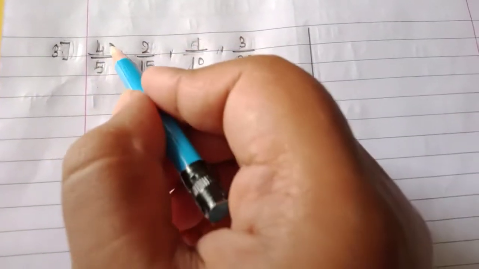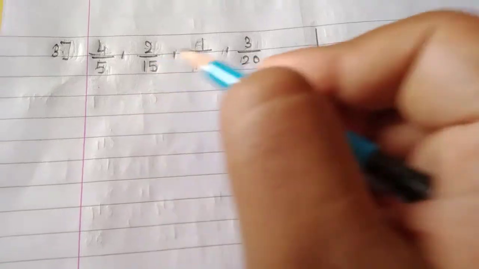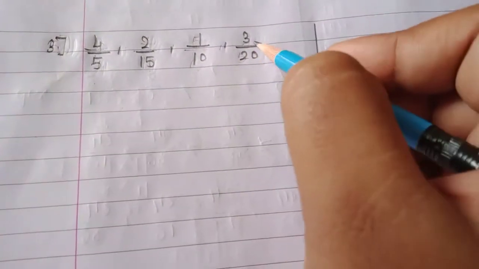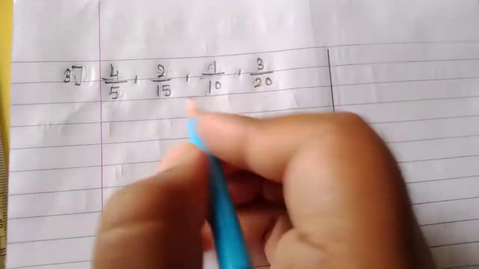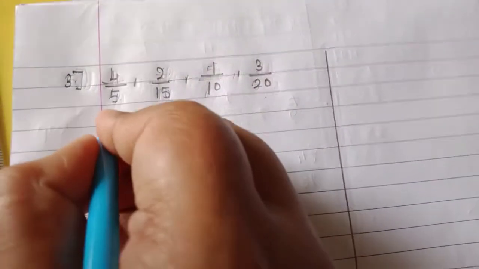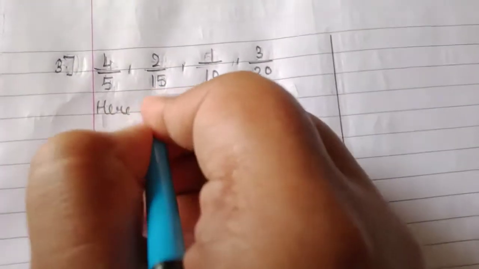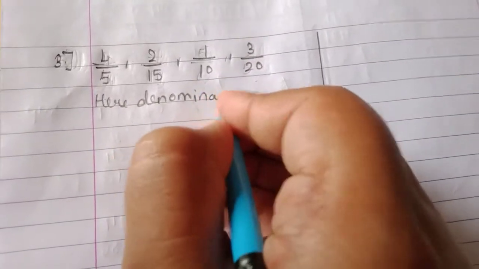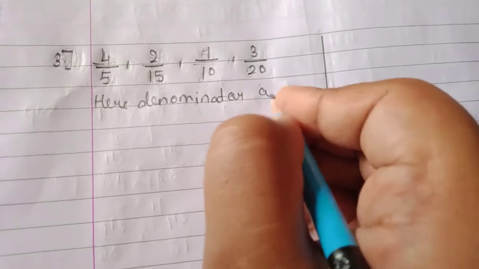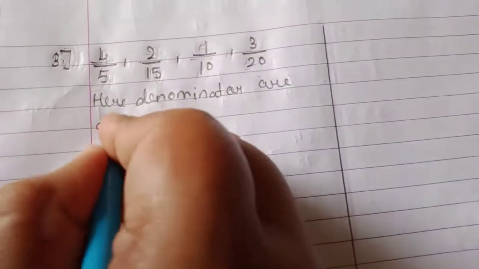Now number 3, 4 upon 5, 2 upon 15, 1 upon 10 and 3 upon 20. So here also all the denominators are different. So we will write here, denominators are different.